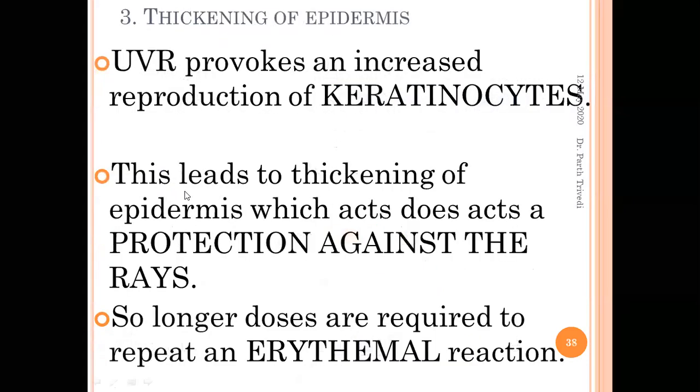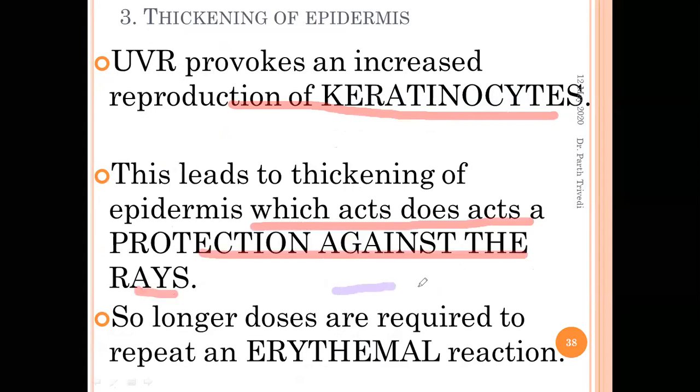Okay, now moving on towards thickening of the epidermis. So first thing is erythema. Second thing is pigmentation or tanning. Third is thickening of the epidermis. Thickening of the epidermis is because of production of keratinocytes. This leads to the thickening of the epidermis, which acts as protection against the rays. If this is your membrane layer, it will continuously increase.